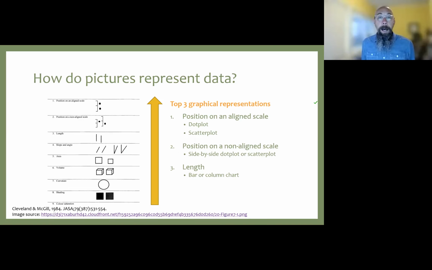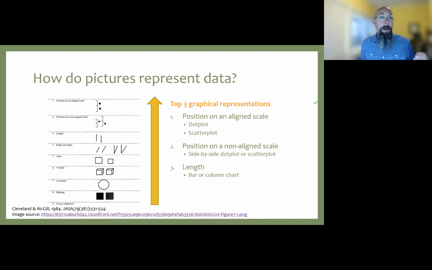And the top 3, the ones for which when the data are represented this way, people are most consistently able to correctly interpret what the graph is saying, what the picture is saying. Those are the top 3. And it's called position on an aligned scale, position on a non-aligned scale, and length. Now that sounds kind of abstract, but these translate to specific plots that we use.